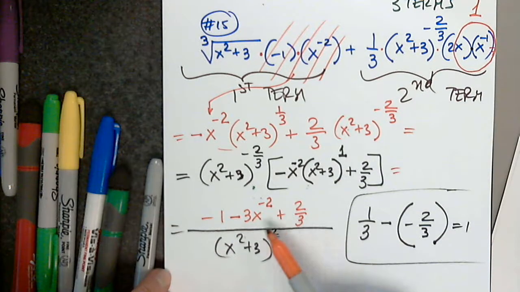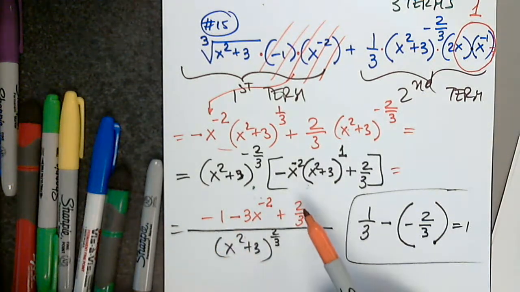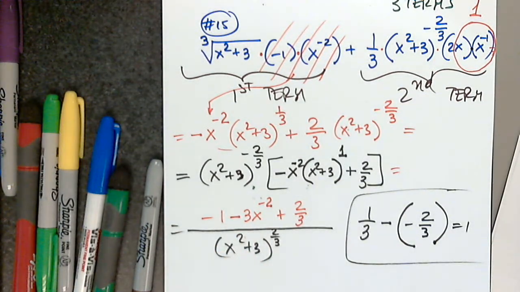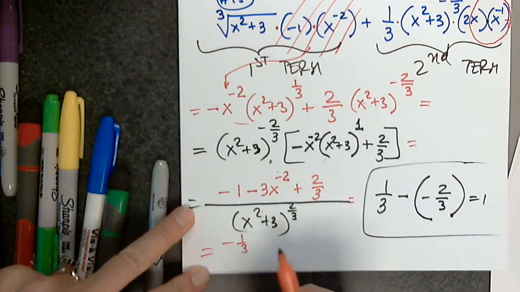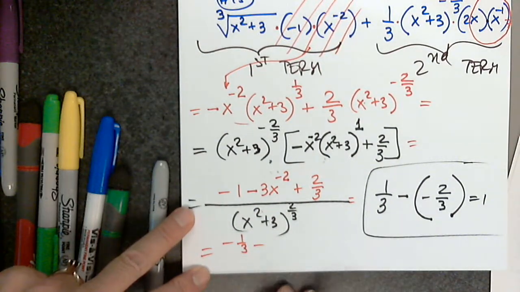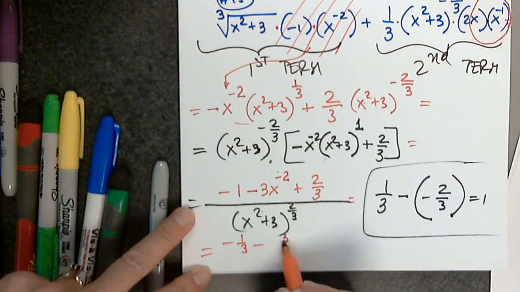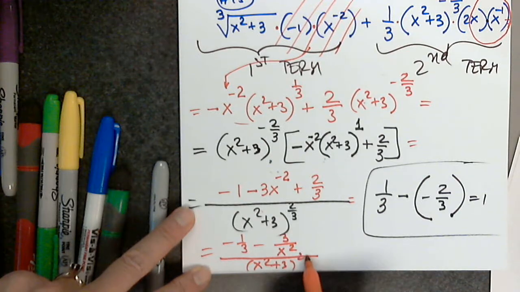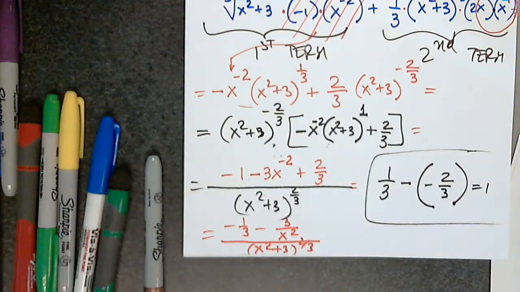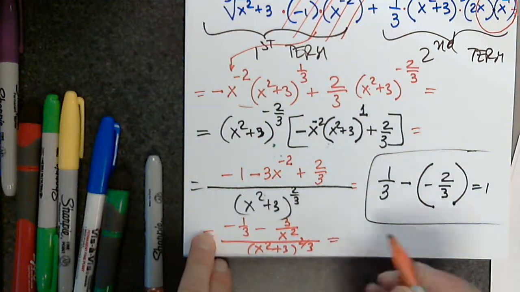I know that 2/3 minus 1, if I only have 2/3 in my pocket, but I owe you $1, then I'm still 1/3 in minus. Good. So negative 1/3 minus, I hope you agree, 3 divided by x squared. Do we agree with 3 divided by x squared? Okay. Now I continue.